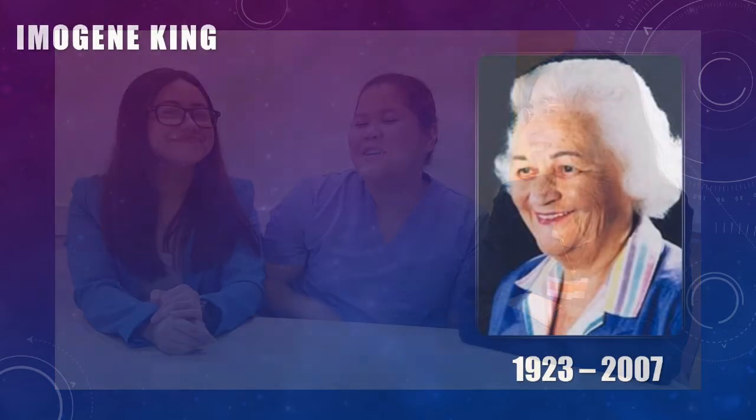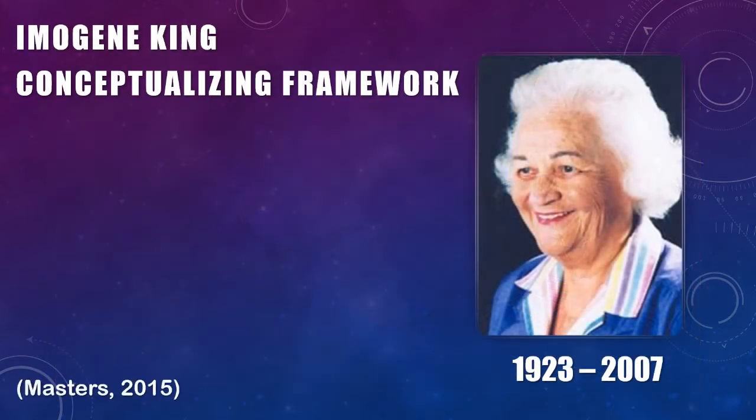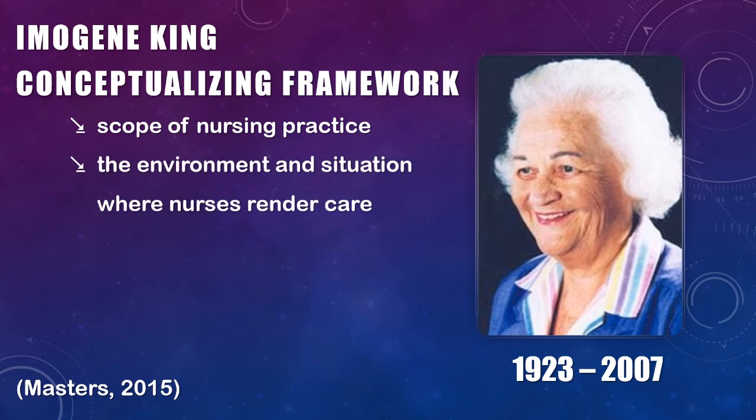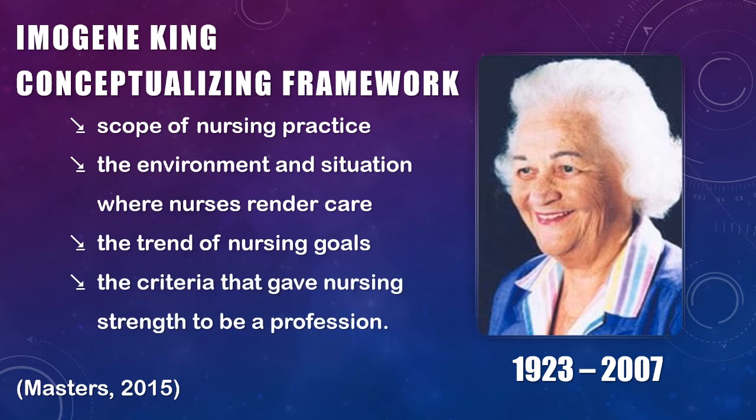According to Masters, in conceptualizing her framework, she pondered on questions relating to the scope of nursing practice, the environment and situation where nurses render their care, the trend of nursing goals, and the criteria that gave nursing strength to be a profession. This enabled her to present her framework as an interconnected system that affects individuals, groups, and society in relation to their environment.